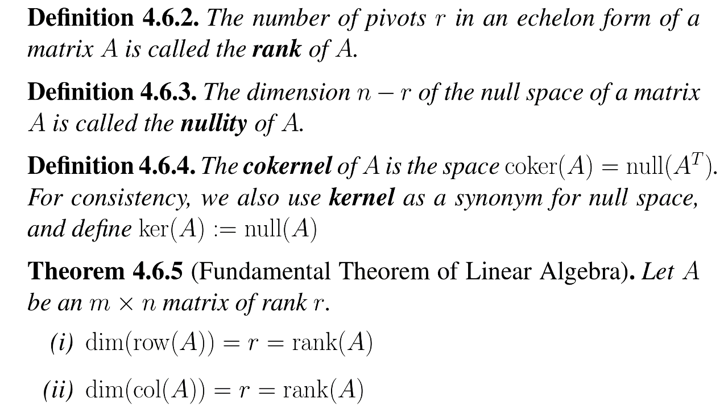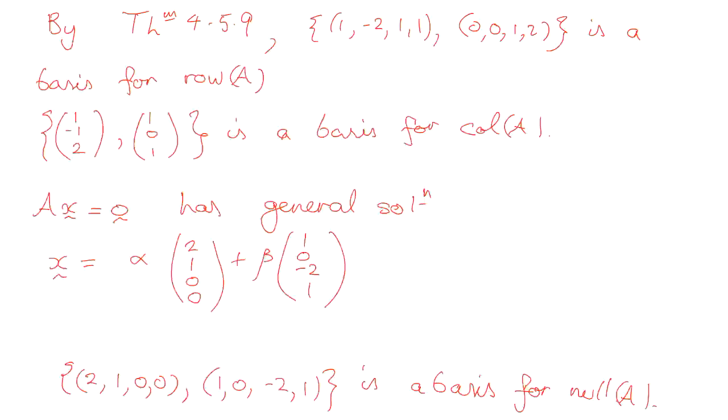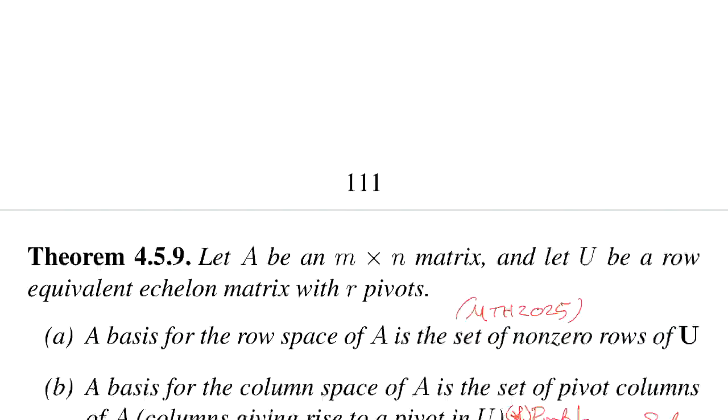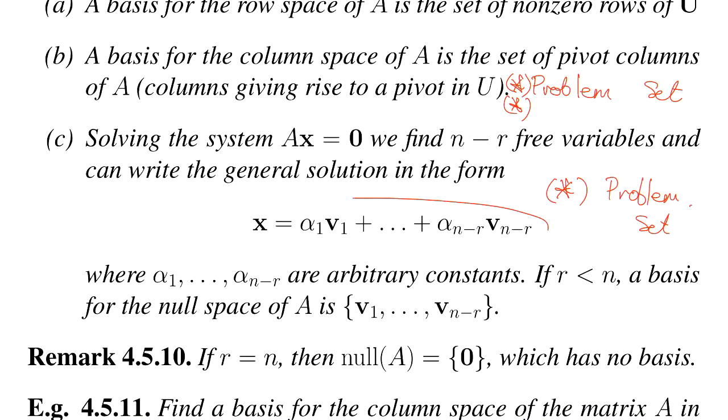The sort of complement to that is a thing that we call the nullity. So n minus the rank is the nullity. What's n? n is the number of columns. So the nullity, if we go back and look up here, is precisely the number of things in the basis for the null space. Okay, so the nullity is the dimension of the null space, the number of things in a basis for the null space. So the rank is the dimension of the row space and the column space.